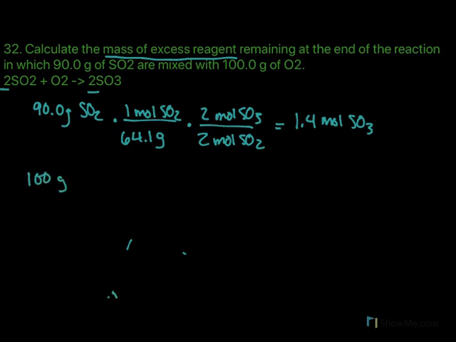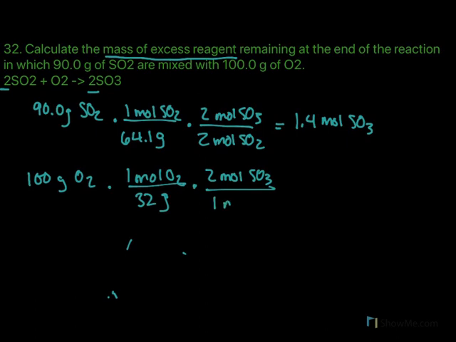So now if we do the same thing with 100 grams of oxygen, molar mass of O2, 16 times 2, then use our molar ratio. We've just got 1 mole of oxygen here. And then we get 6.25 moles of SO3. So this one runs out first, right?